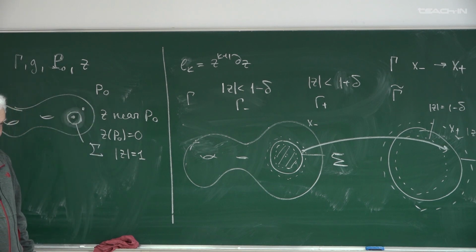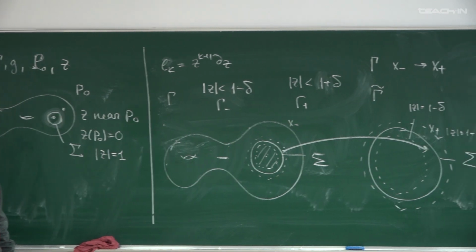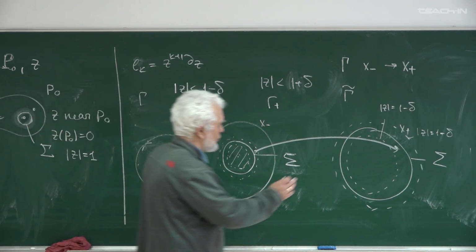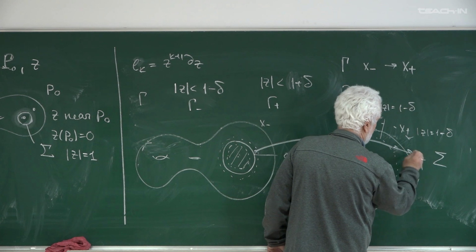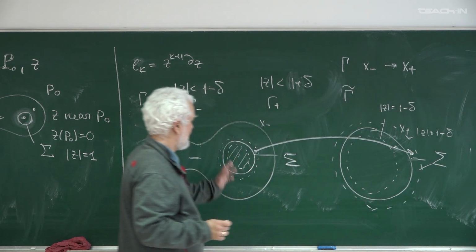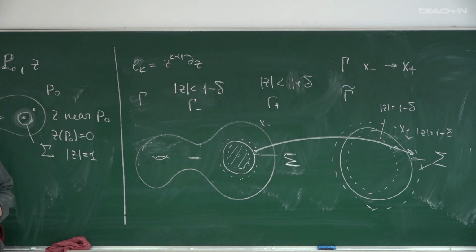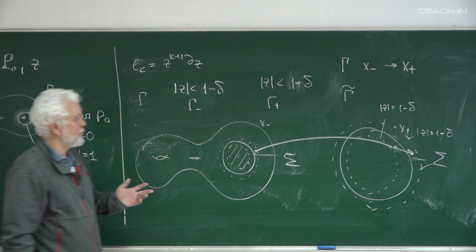If x minus equals 1, x plus equals minus 1. Equals 1 also. I'm sorry, maybe it's the wrong picture. I understand. In the coordinates, z of x plus is equal to z of x minus.